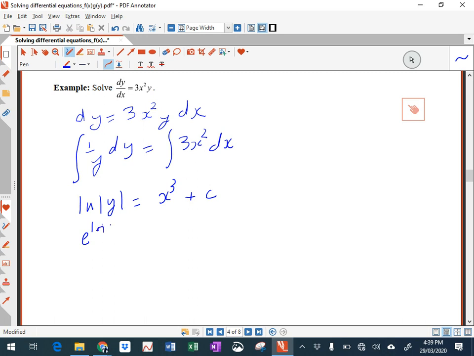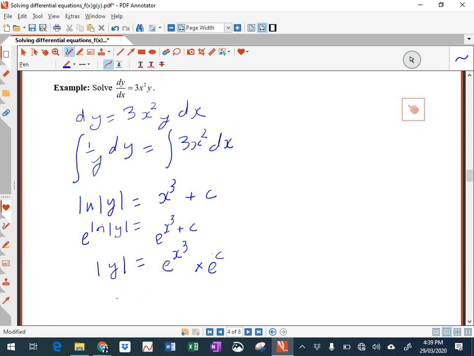e to the log of mod y equals e to the x cubed plus c. Okay. Now that's going to give you mod y equals, now think of this as e to the x cubed times e to the c.